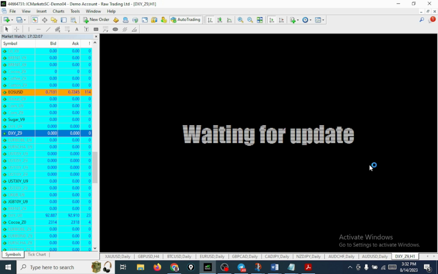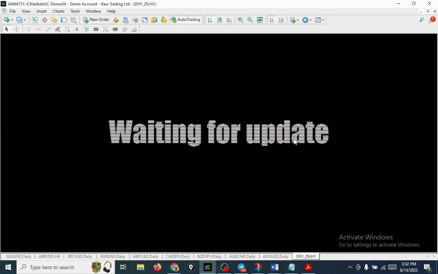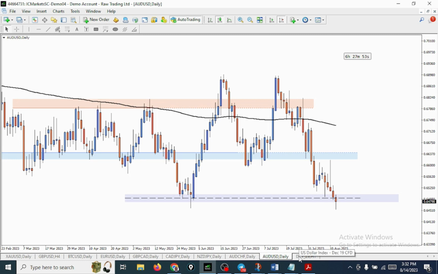Just a minute, let the chart open. My network is slow, guys. While we're waiting for this to open up, check out the dollar index and you see what the market is doing. The dollar index is an instrument chart that shows the strength of the dollar over some of the other major currencies.